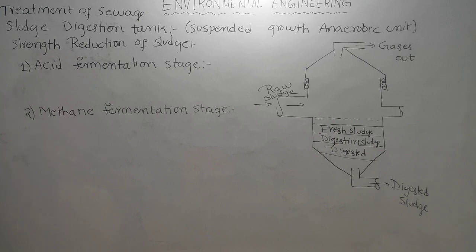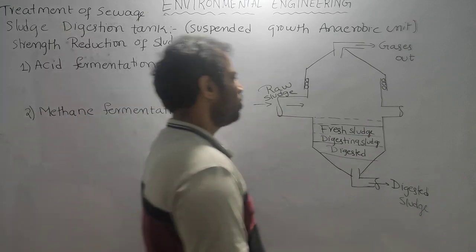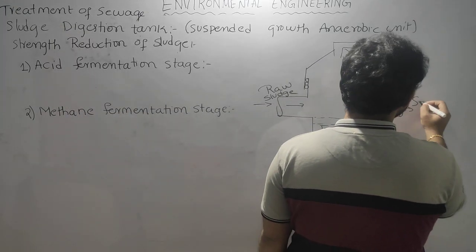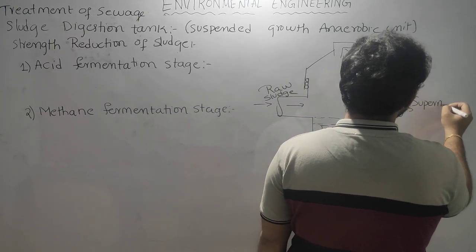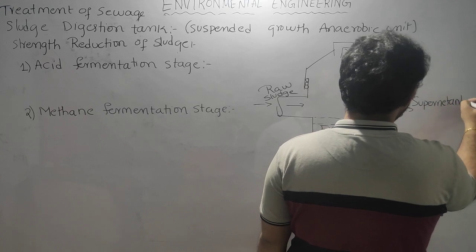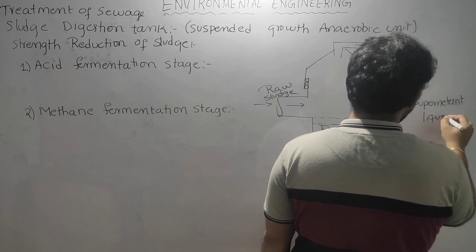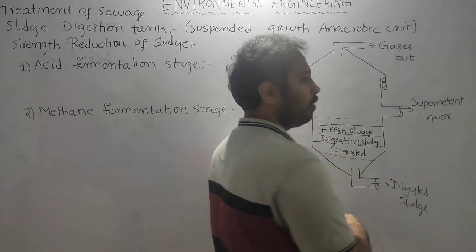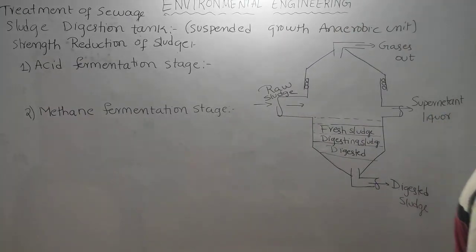I told you already, whenever the BOD is high, tertiary treatment is needed. So we take out the supernatant liquor from here and send it back into the system, because its BOD will be in a range of 3000 ppm, which is very high.